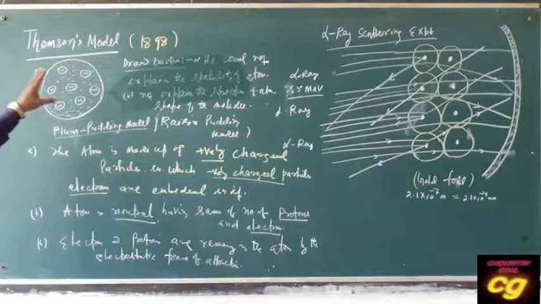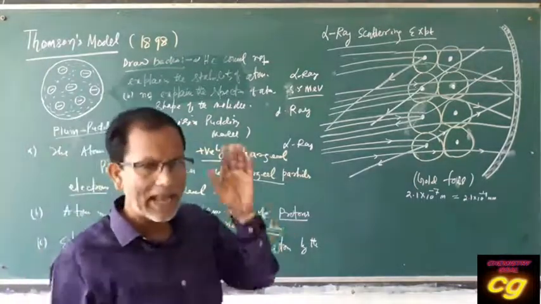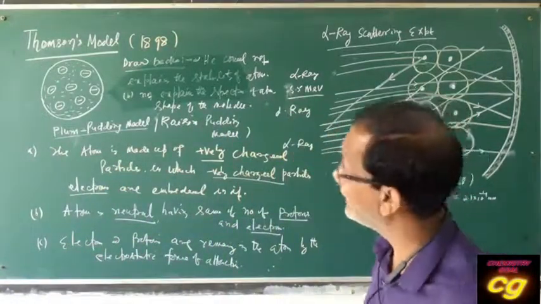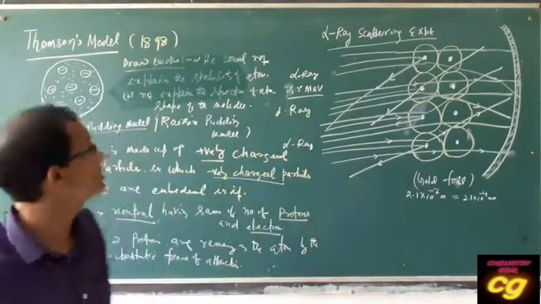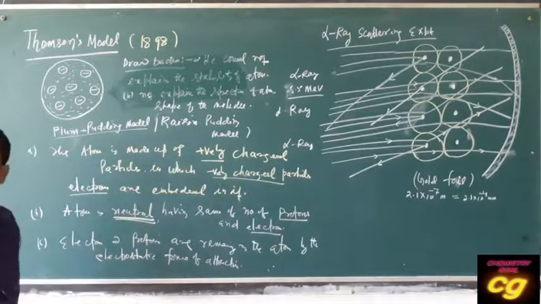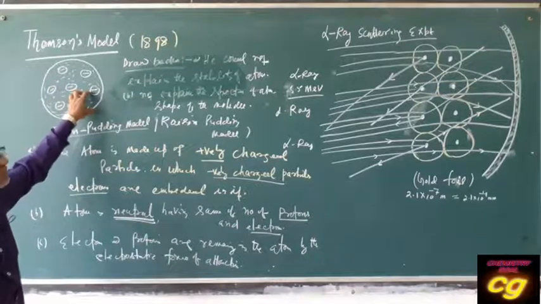So these are some drawbacks of the Thomson model, but it provides some idea, the concept regarding the structure of the atom. Atom is neutral. The only drawback is no fixed position of electrons.